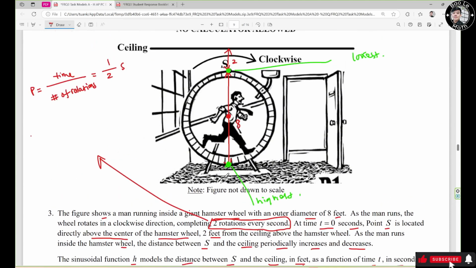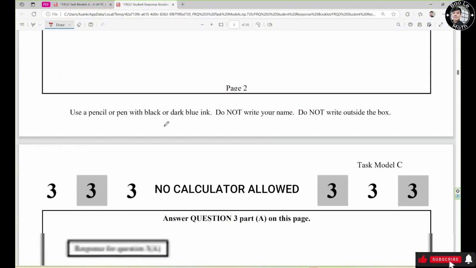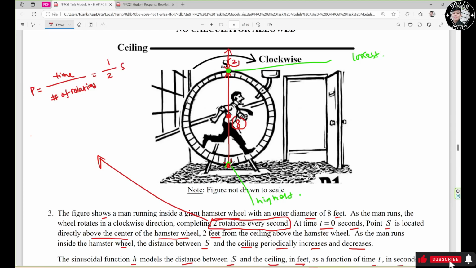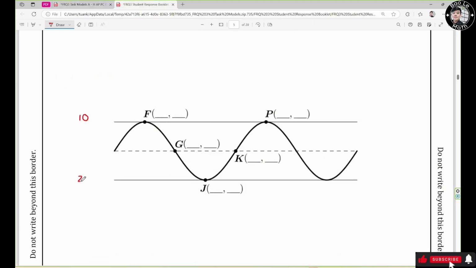The maximum is right here, which means 8 plus 2, it's going to be 10. So I write over here, this guy should be 10 maximum. Now, the minimum should be from here to here, so it could be 2 right here. Now, the midline is 10 plus 2 divided by 2. It's going to be 6.